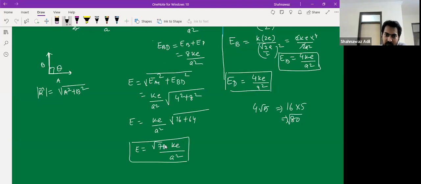So this is root 80. Sorry guys, calculation mistake. So this is 4 root 5 KE by A square.